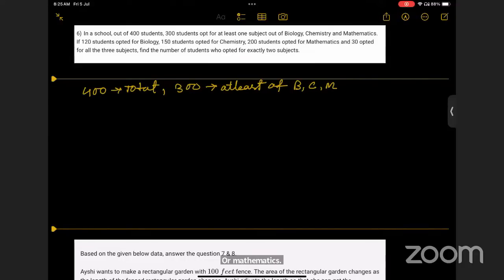Now, if 120 students opt for biology, consider a set of 120 students.